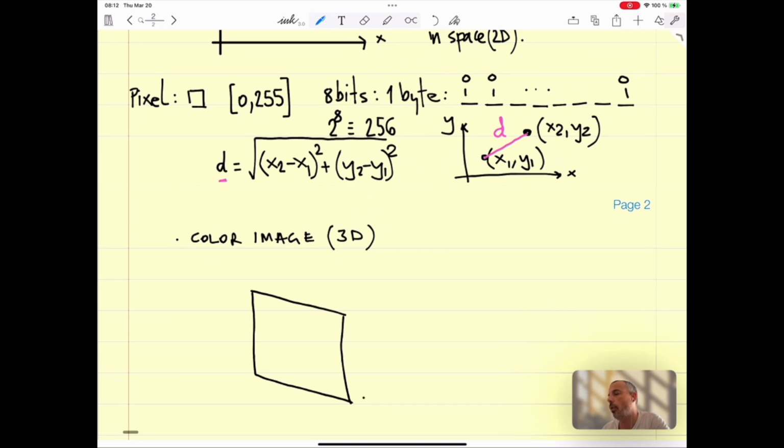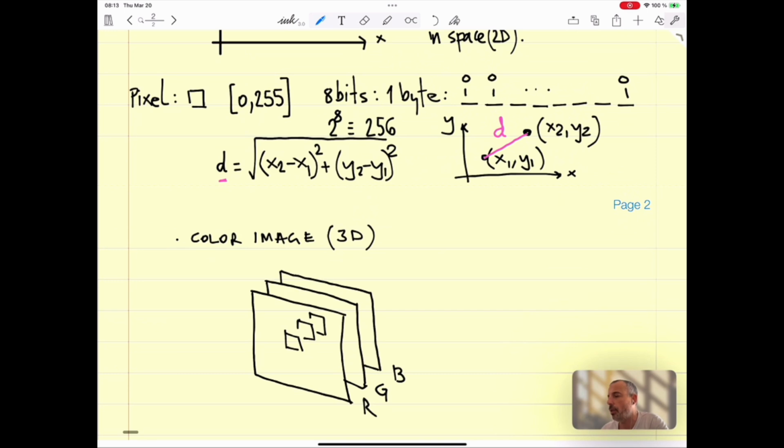One is going to be red, one is going to be green, one is going to be blue. RGB, so each pixel in reality is a combination of 3 values.